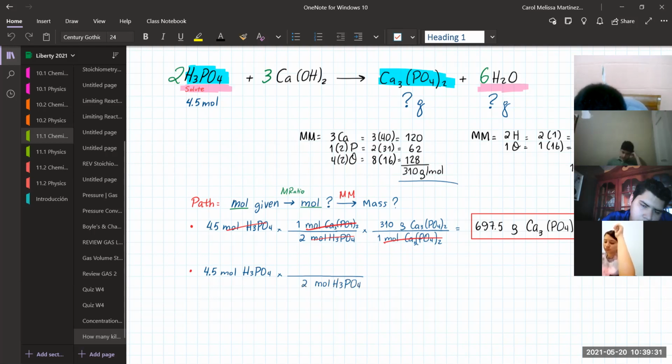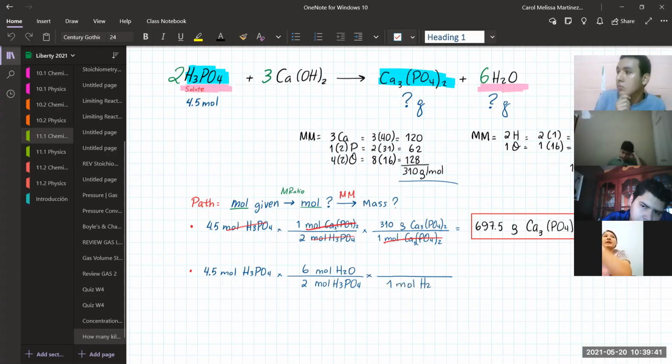How many moles of water? 6. And then I multiply times the molar mass of water, that is 1 mole H2O, 18 grams H2O.